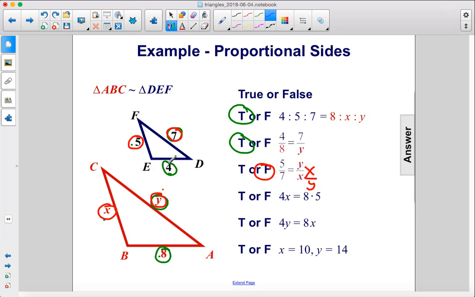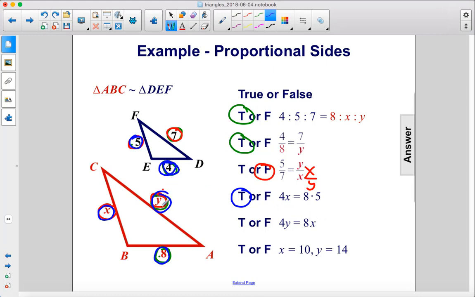All right, 4x. So we have this side times this side equals this side times this side. And that is true. So we have the bottom side times the left side equals the bottom side times the left side. So this is true. All right. 4 times y, the bottom side times the top side, equals 8 times x.